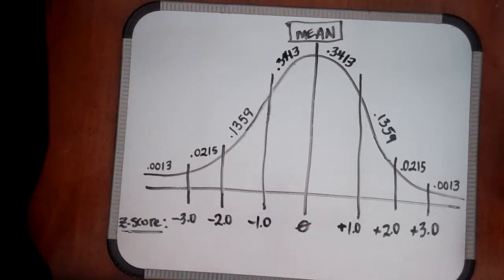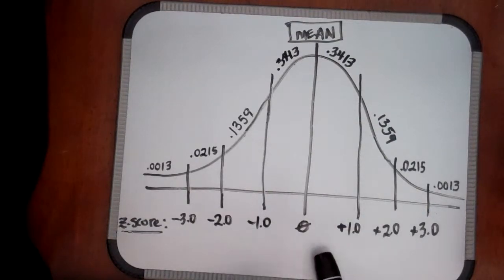You can also determine not only the proportion of the population that will obtain any given span of scores or a specific score, but you can also determine the probability of obtaining a particular span of scores or a specific score, and also the percentage of the population that will obtain a given score or a span of scores. So here are the numbers.